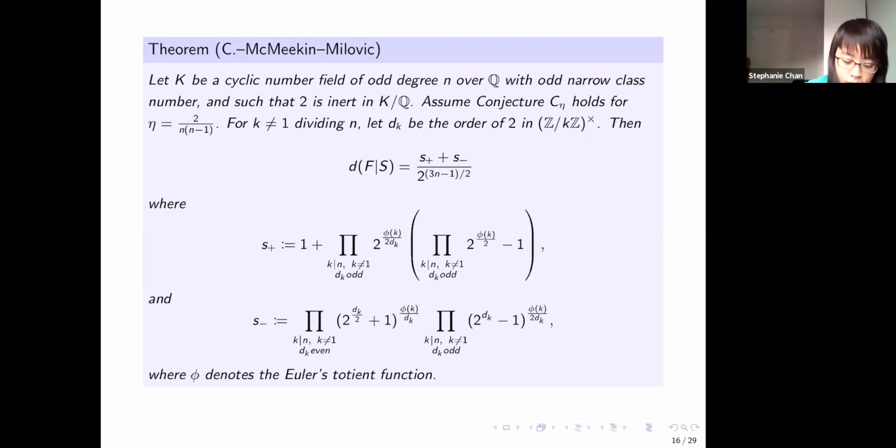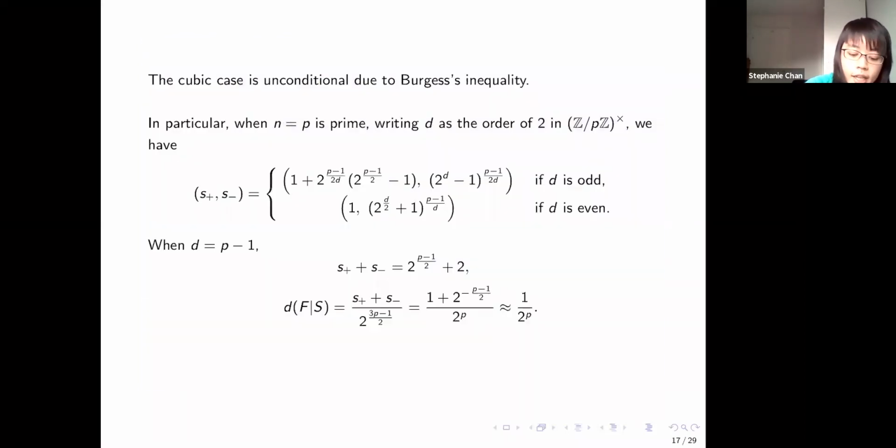It's quite a complicated looking formula, but if we just take a look at the case when n equals p, n being a prime, we can simplify the product, the constants s plus and s minus, and give them in the following formula.